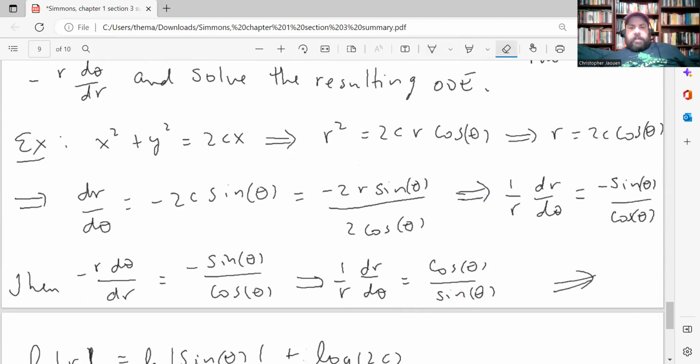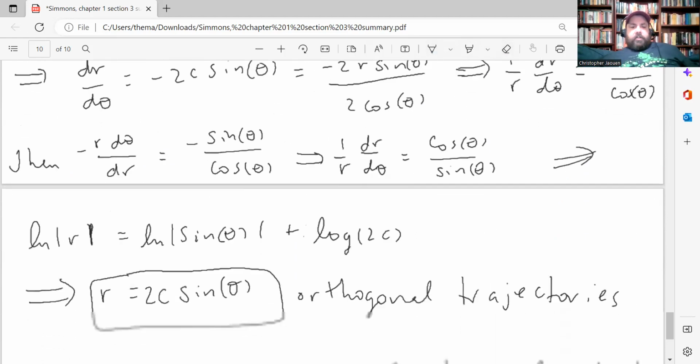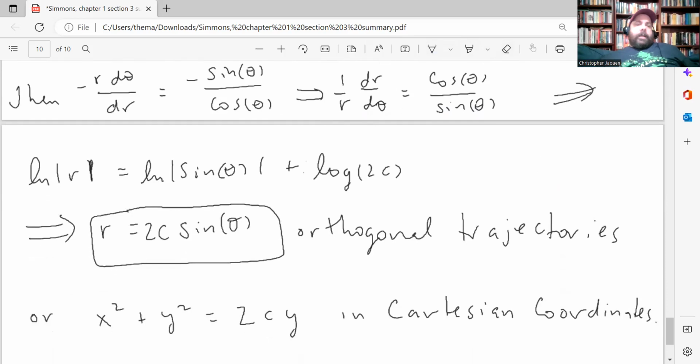So just take the indefinite integral, and you get that natural log of absolute r equals natural log sine theta plus an arbitrary constant. And here I'm writing the arbitrary constant as log 2c. The reason that I'm doing that, first of all, log 2c is just as arbitrary as an arbitrary constant c, right? Because c can be anything, and the log is onto the real axis.